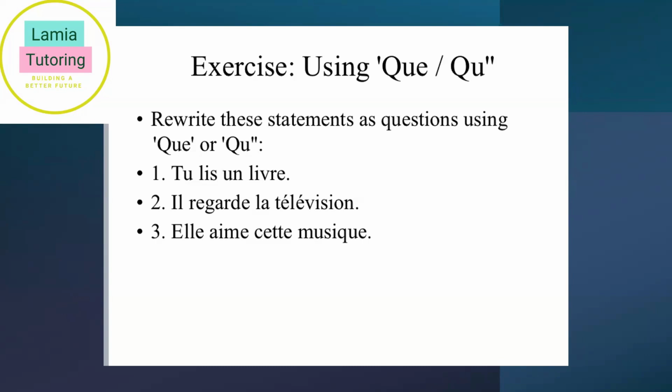The last one, no. Where is the verb? Let me write it down, but most of them are good. Que lis-tu? And then the second one would be que regarde-t-il or qu'est-ce qu'il regarde?